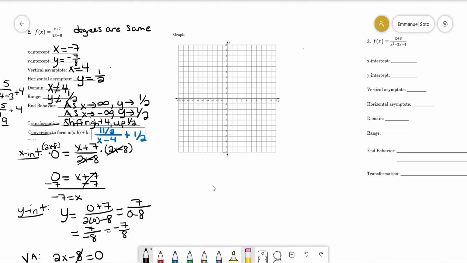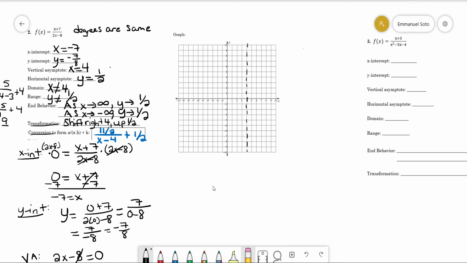Let's go ahead and graph our vertical asymptote. So x is equal to 4. Alright, now let's do 1/2. Y equals 1/2.